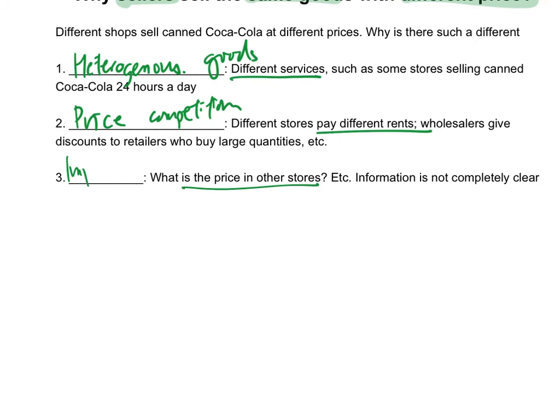So that is imperfect information. One of these things can make the price of the same product different at different sellers. That's all for today. Please finish the Google form and check your concepts, and we will have a meeting on Friday.